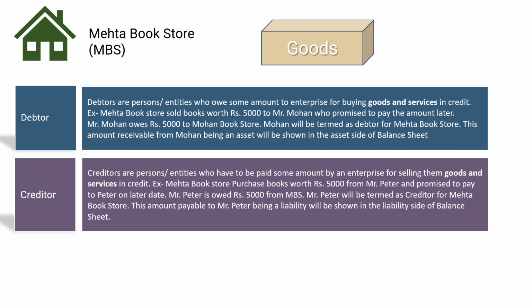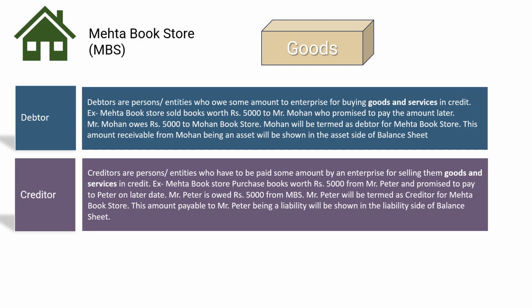In that case the supplier becomes a creditor. Creditors are the persons or entities who have to be paid some amount. In debtor, Mehta bookstore will receive the amount, but in the case of creditor, Mehta bookstore has to pay the amount for the goods or services.